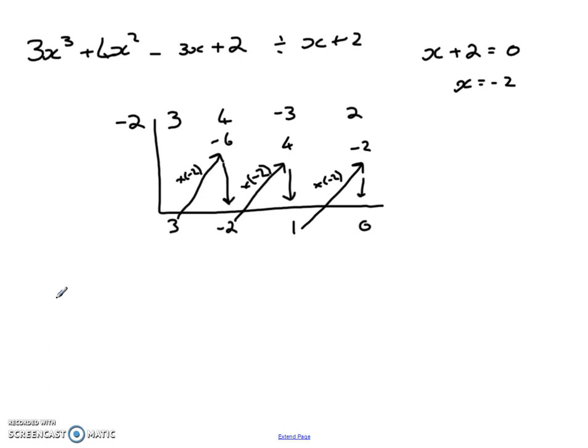What I'm able to say at this point is 3x cubed plus 4x squared minus 3x plus 2 divided by x plus 2 equals, and you get your answer from here by looking at these as coefficients. But the only issue now is this has reduced in power.